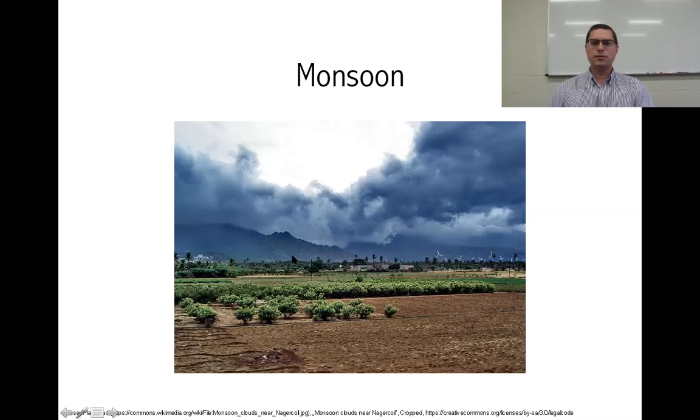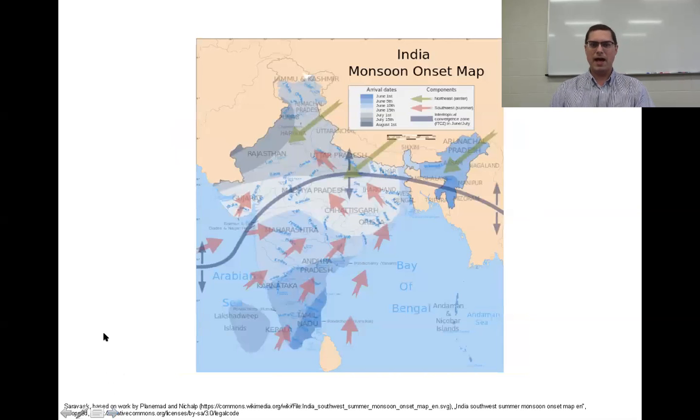So we're looking down towards the Indian Ocean, and here come the moisture-laden clouds that the wind is blowing in from the Indian Ocean, and it's about to dump rain on this area here. And this map shows kind of how that happens.